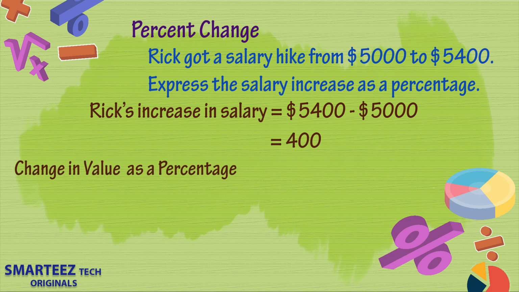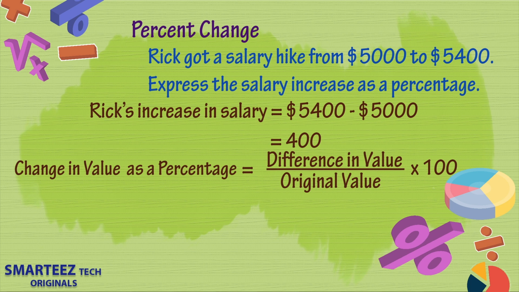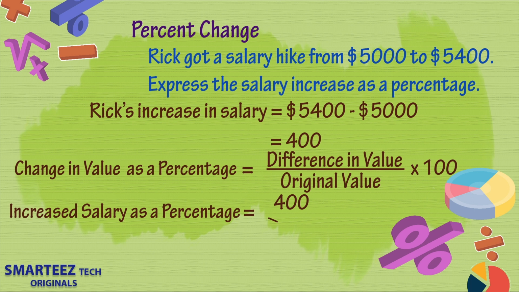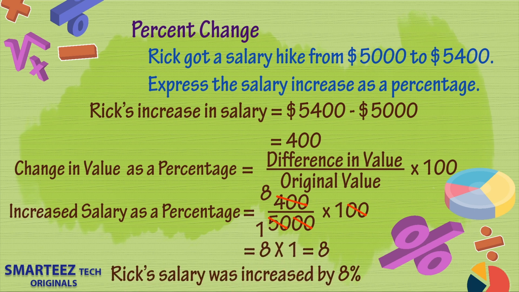Change in value as a percentage equals difference in value divided by original value times 100. So increased salary as a percentage equals 400 by 5,000 times 100. Simplifying, we get 8 times 1, which equals 8%. So Rick's salary was increased by 8%.